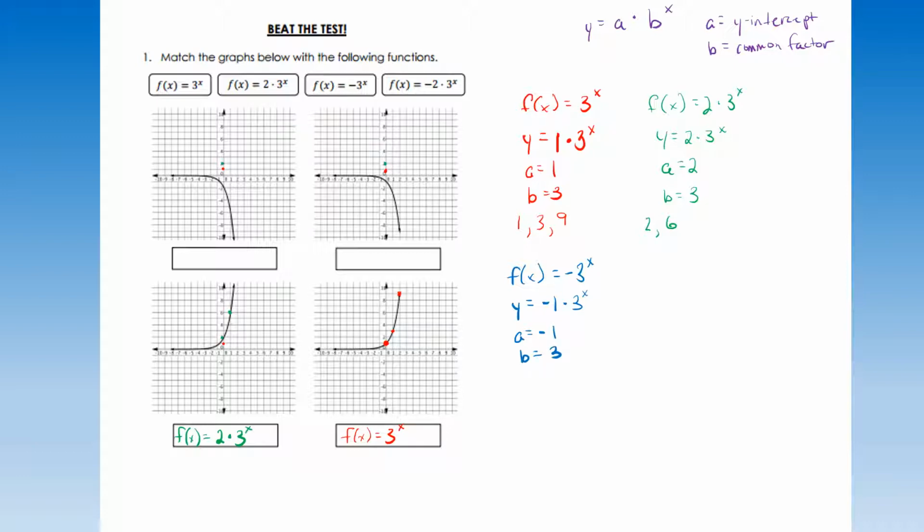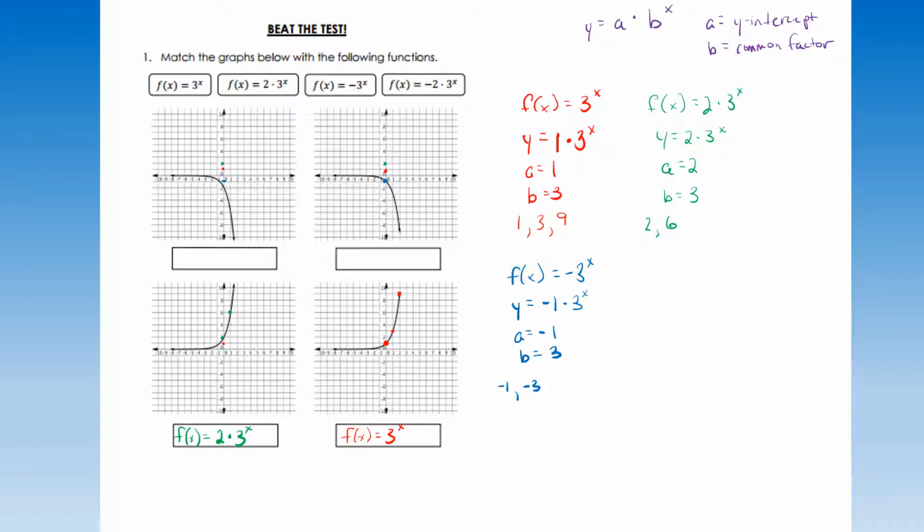So looking at these two graphs that are left, which one has a y-intercept of -1? This one, -1 is here, so that graph doesn't go through there. But this one does. -1 is right there on the graph. And if a is -1, the next term should be -1 times 3, which would be -3.